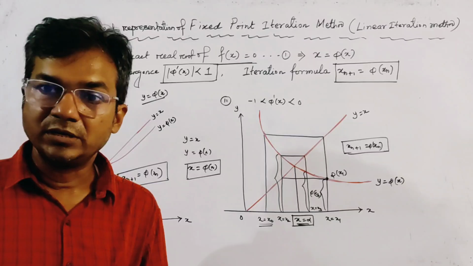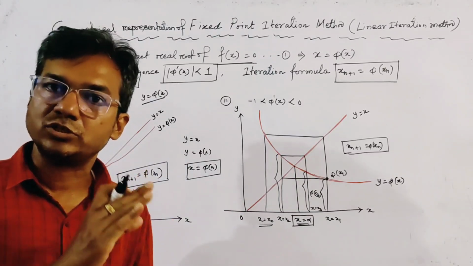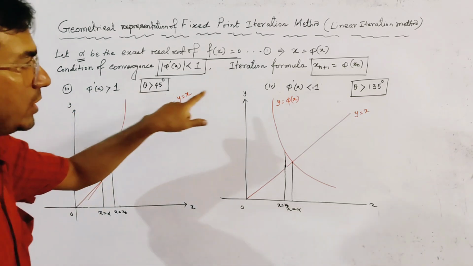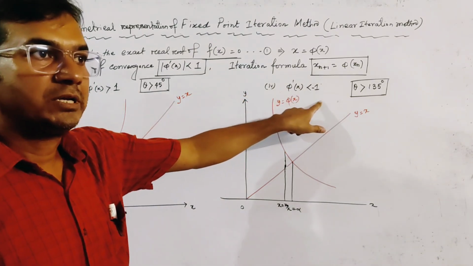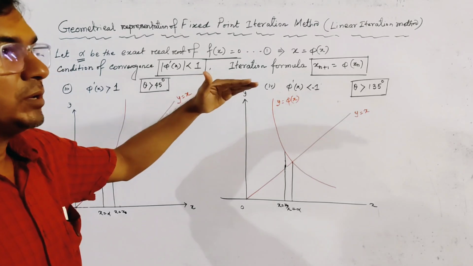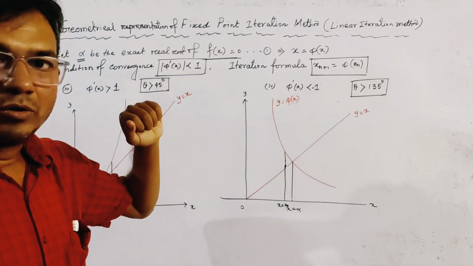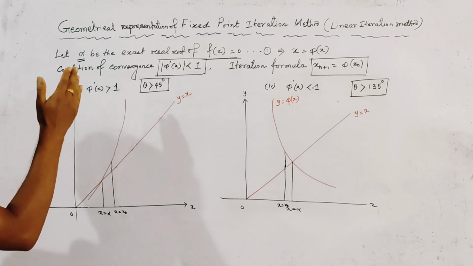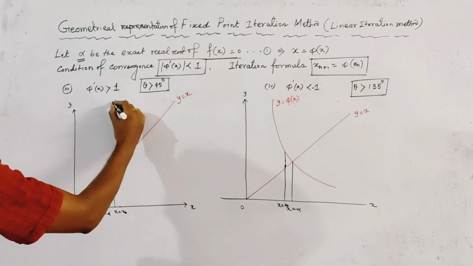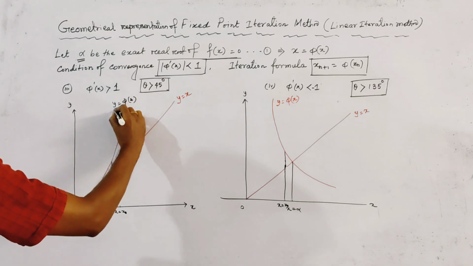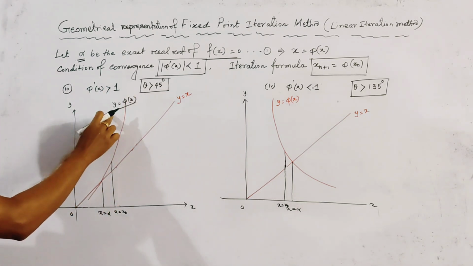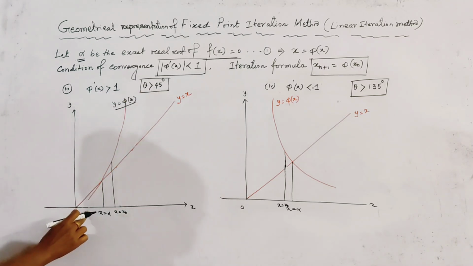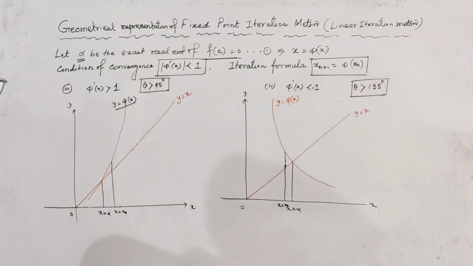How does it diverge? Geometrically we see in the last two cases. Here phi dash x is greater than 1, and here phi dash x is less than minus 1. That is, these two are divergent cases. Okay, and when phi dash x is greater than 1, we draw the curve y equal to phi of x in such a way that the tangent at any point of the curve makes an angle theta with the positive x-axis greater than 45 degrees.